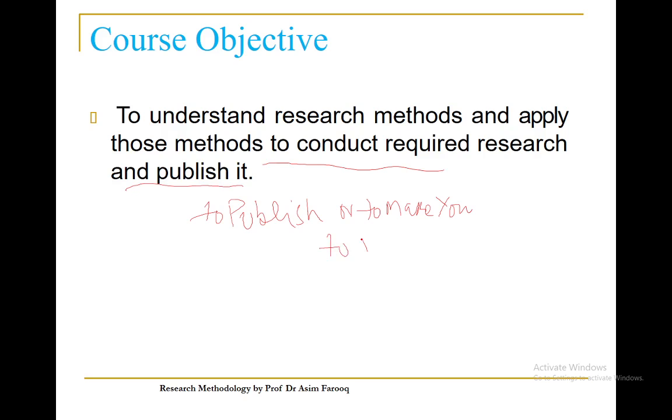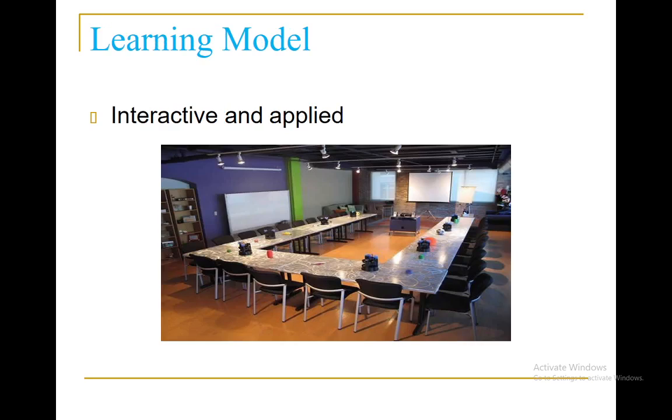It doesn't matter if it's a Z category journal as well. In Pakistan, under the Higher Education Commission, we have three types of ranked or categorized journals, such as X, Y, and Z.